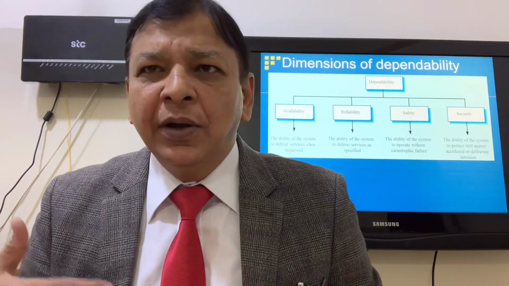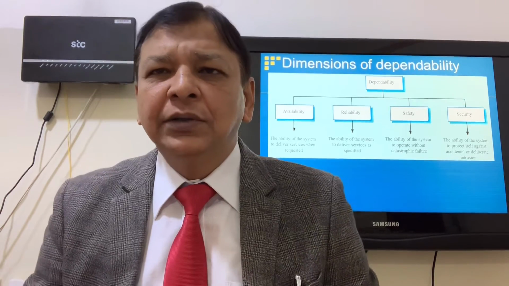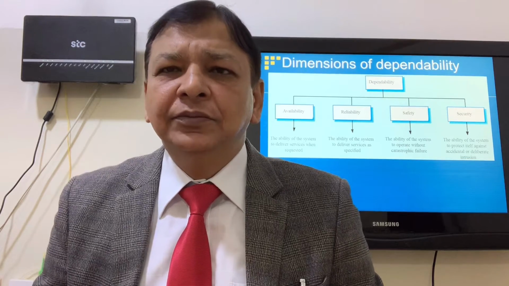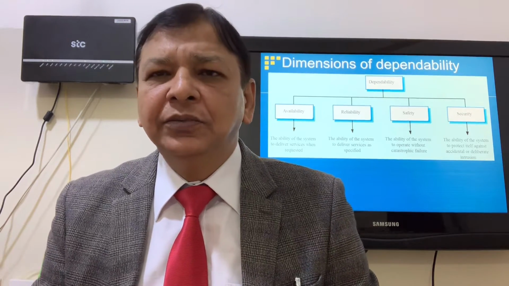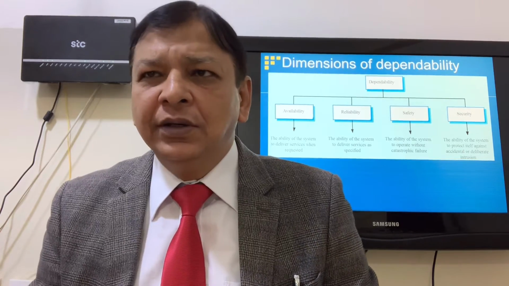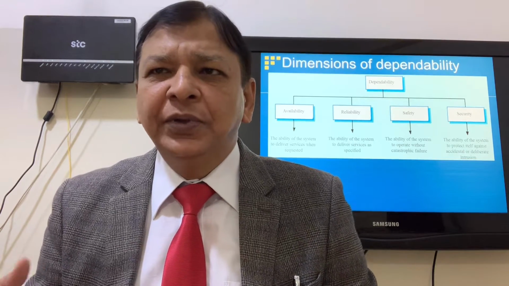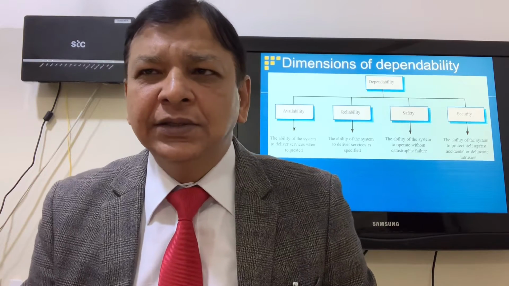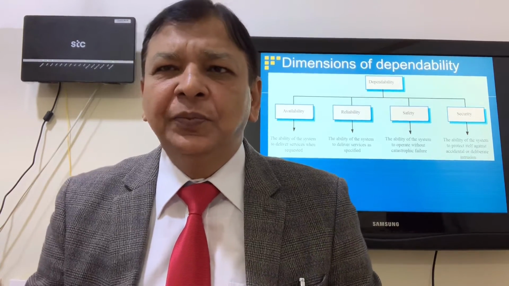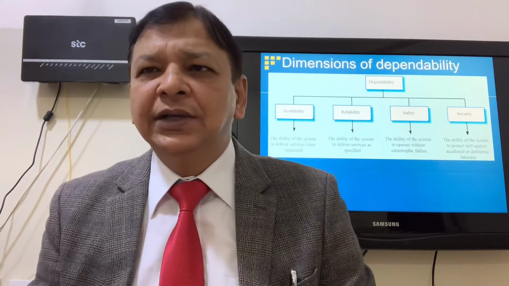That means the ability of a system to protect against the loss of human lives, like the flight control system, fire alarming system, nuclear reactor control system, space shuttle system. Security, the ability of a system to protect itself against accidental or deliberate intrusion, that is, the ability of a system to protect itself from unauthorized access.